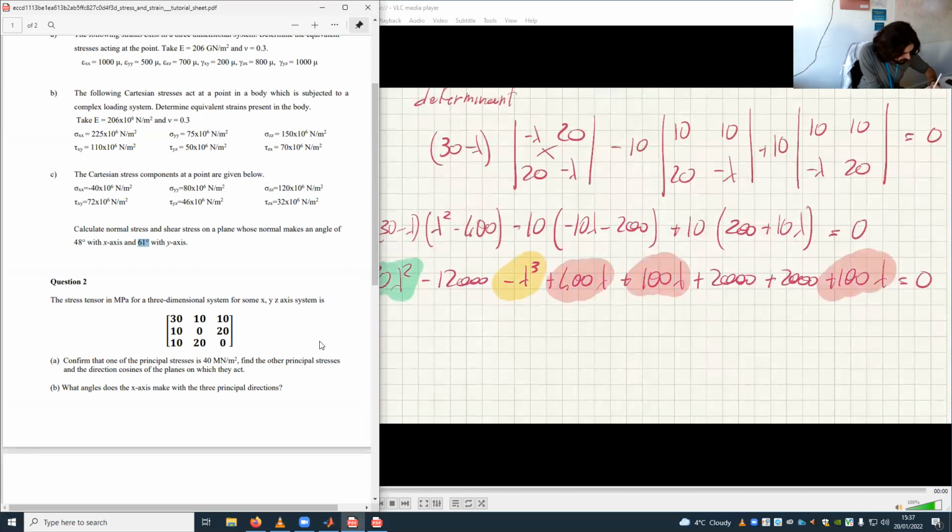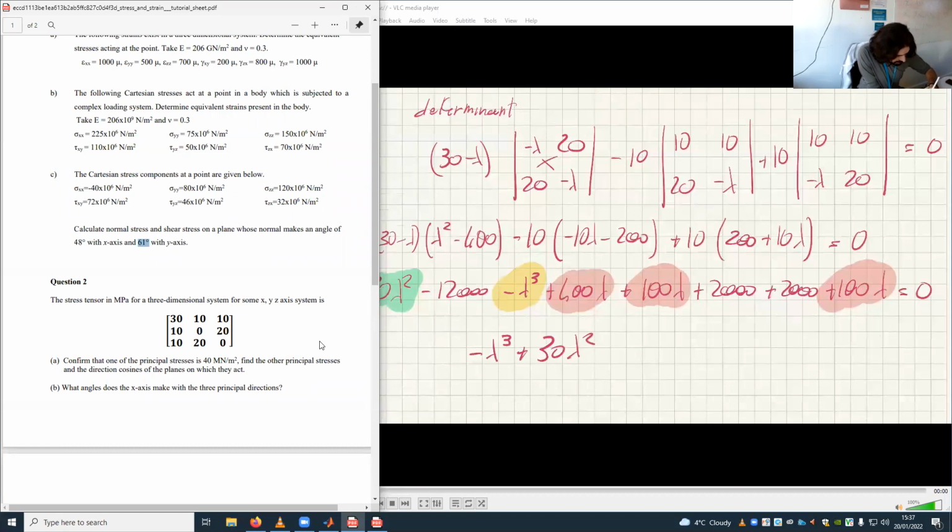We end up with minus lambda cubed plus 30 lambda squared, 400, 500, 600 lambda, plus 600 lambda. And this is minus 12,000 plus 4,000 is minus 8,000 equals 0. This is the characteristic equation.